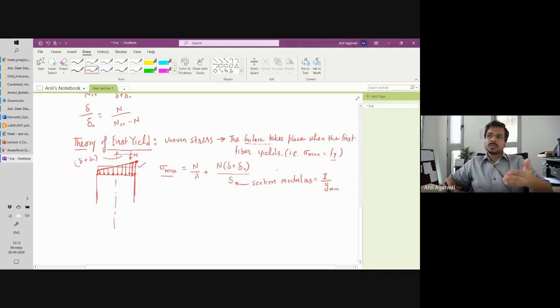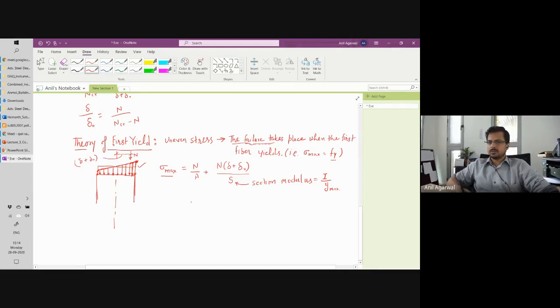Okay, that need not be really the limit. I mean, who is to decide that one fiber having yielded is the limit of the column to fail? But that is the kind of limit state we are defining here in this theory. Of course it has to be validated with experiments, and they have done that, and they have found it to be a very good estimate with some caveats.